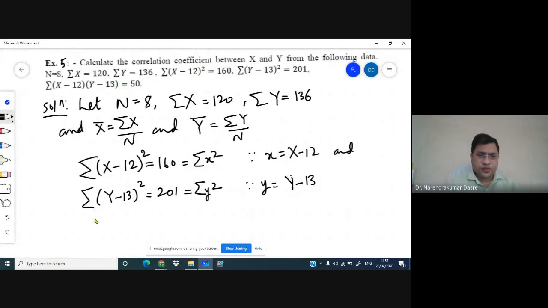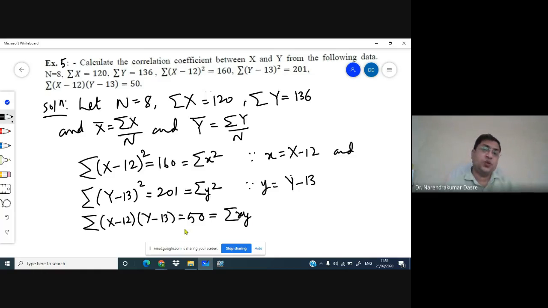So we have here summation of x minus 12 into y minus 13 is equal to 15. So it is summation small x into small y. Now what is missing?